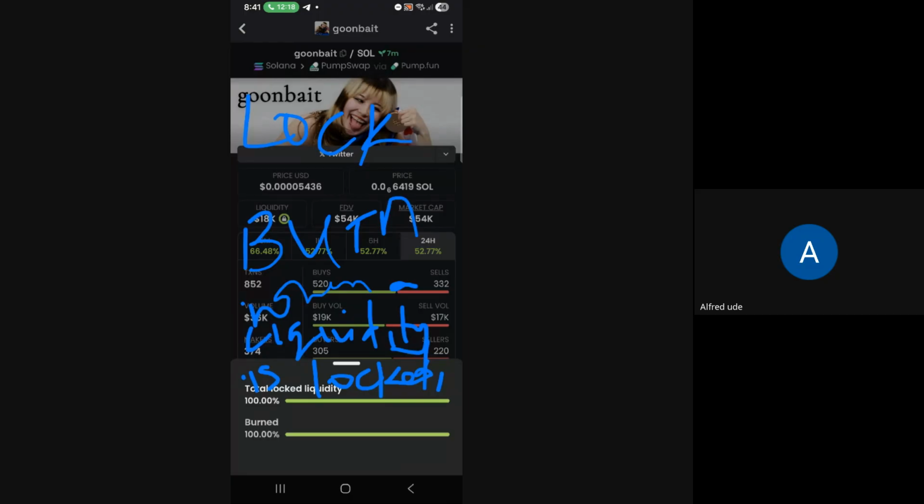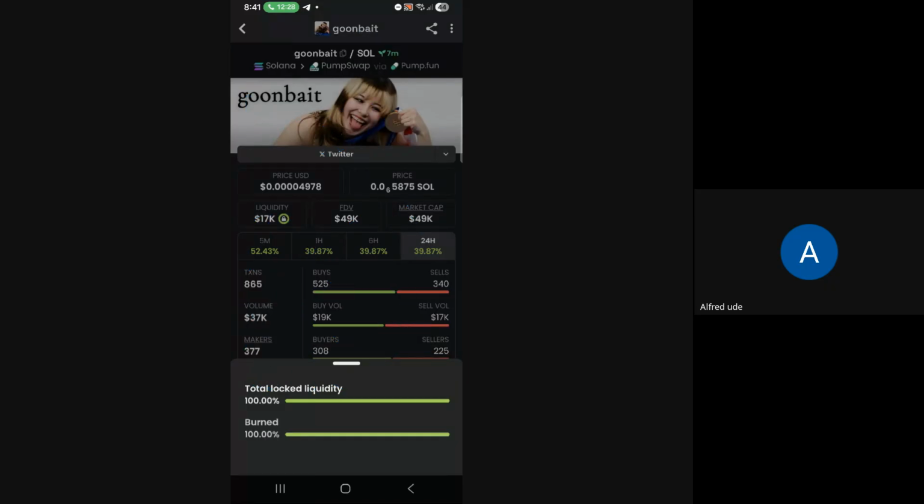When a liquidity is locked, it is only locked for a period of time. After the date of the unlock, it could be hours, it could be days, it could be weeks, it could be months, it could be years. So after the timing of the lock has elapsed, the developer will be able to draw out liquidity when it is only locked.